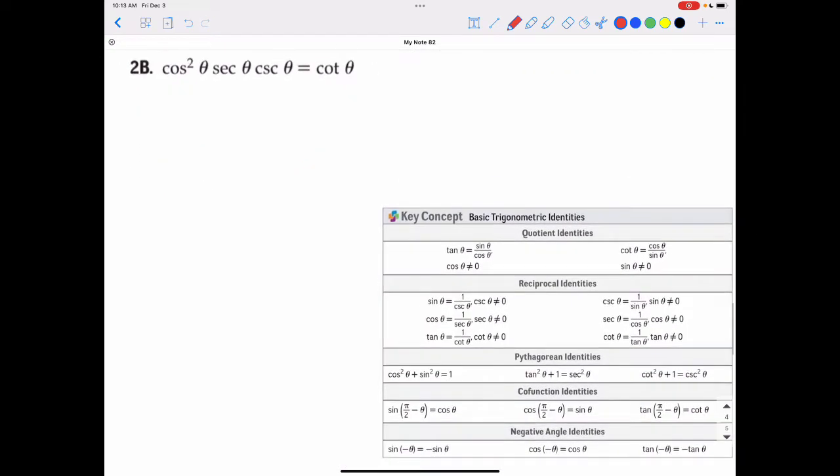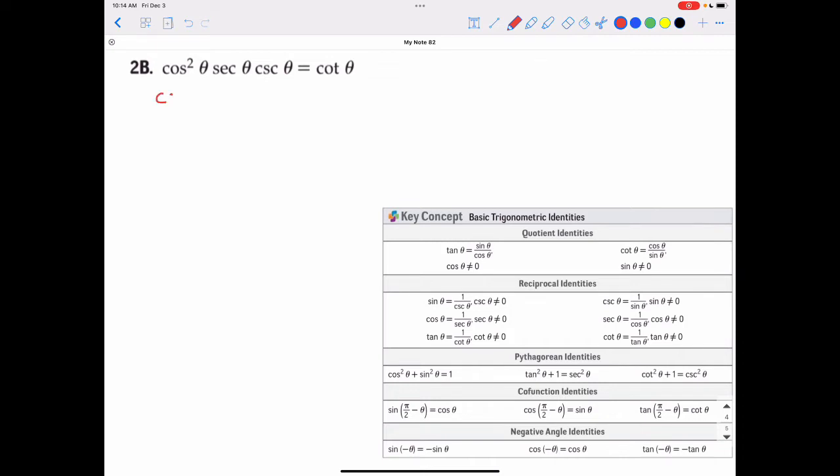Prove the identity: cosine squared theta times secant theta times cosecant theta equals cotangent theta. Well, the first thing I see on this one is that cosine and secant are reciprocal functions of each other.